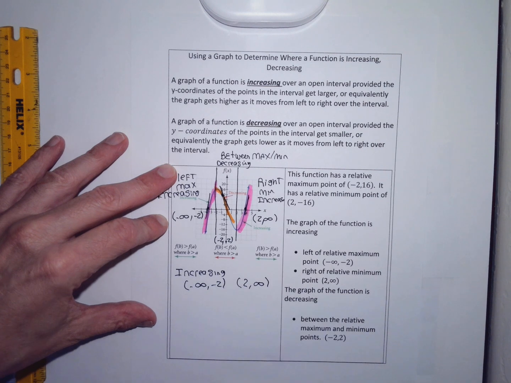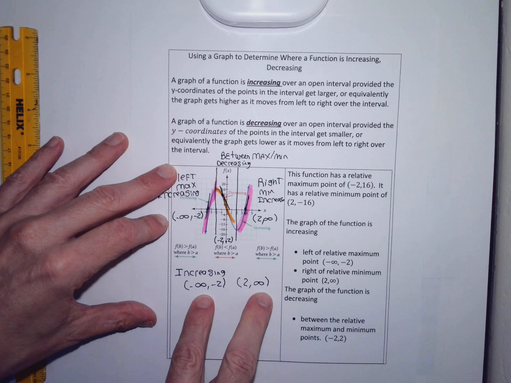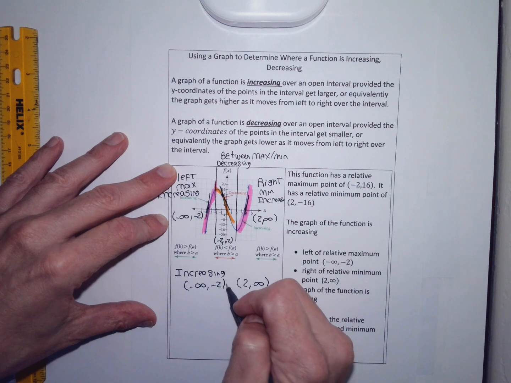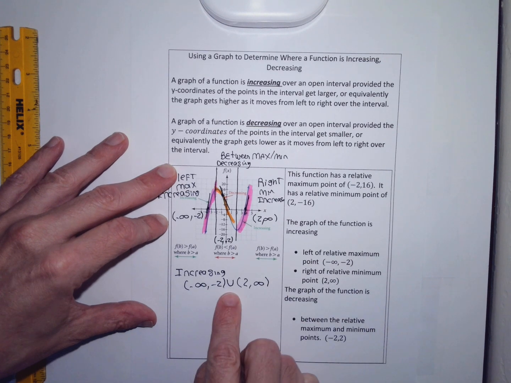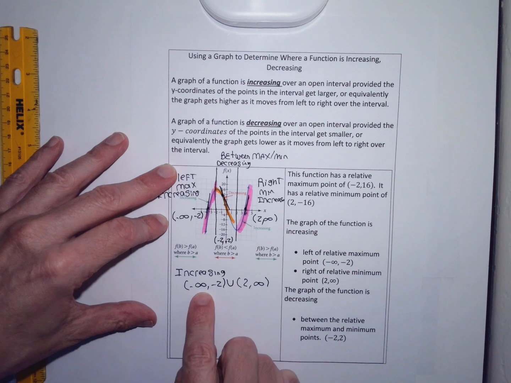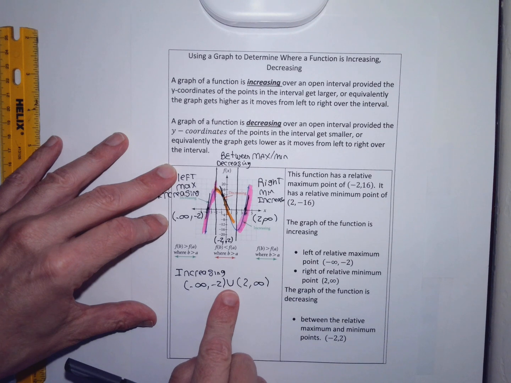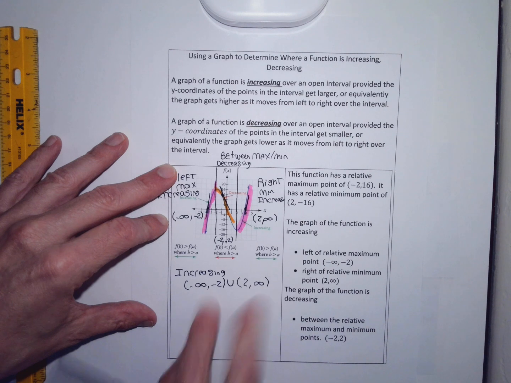If I was asked to describe where this graph was increasing, because it's increasing in two disjoint intervals, we usually separate those intervals with a union symbol. I can kind of think of that as or. It's increasing in this one or this one. I guess and might be appropriate, but that's the symbol that we usually use if it's increasing in multiple areas, regions.